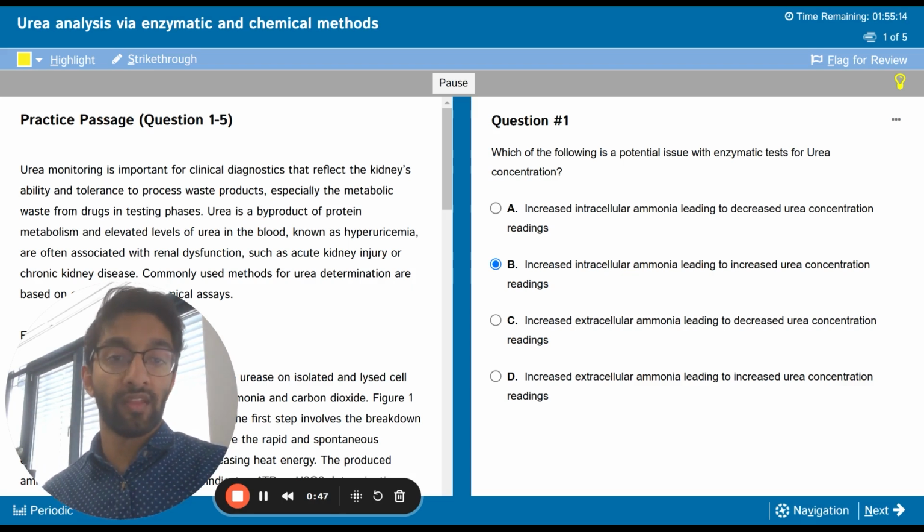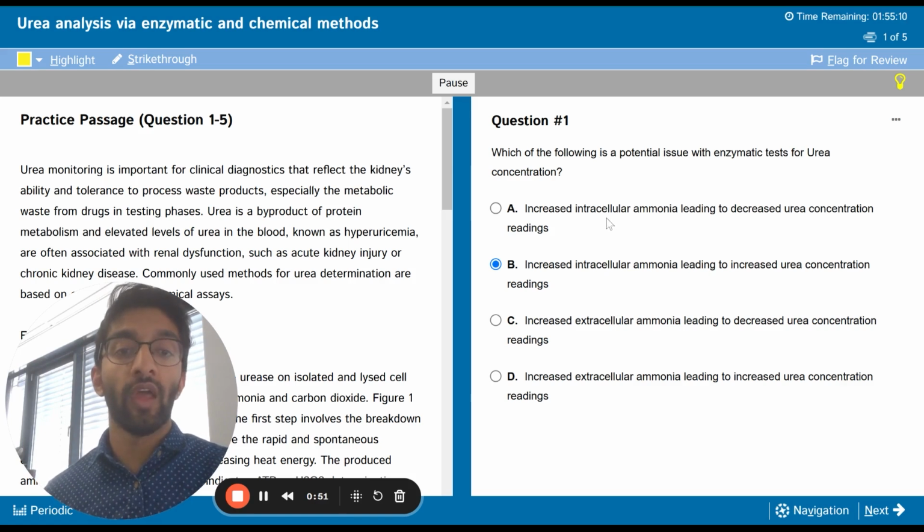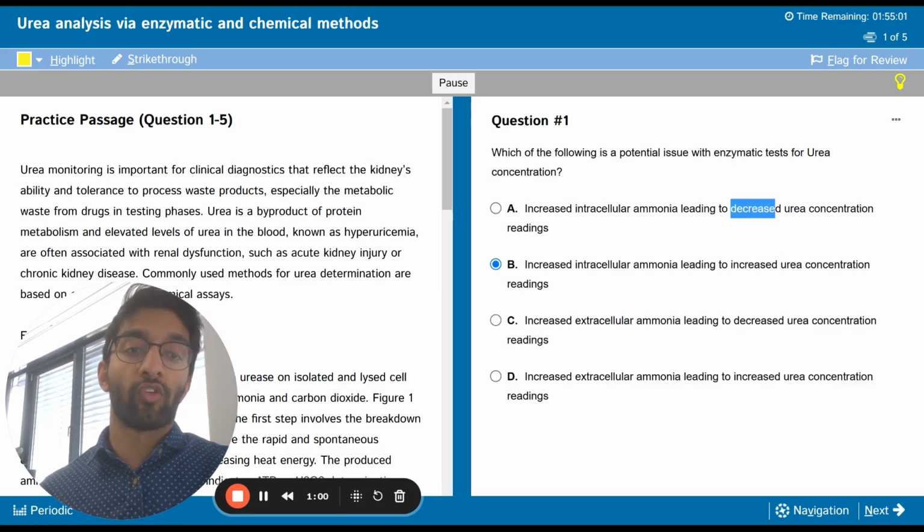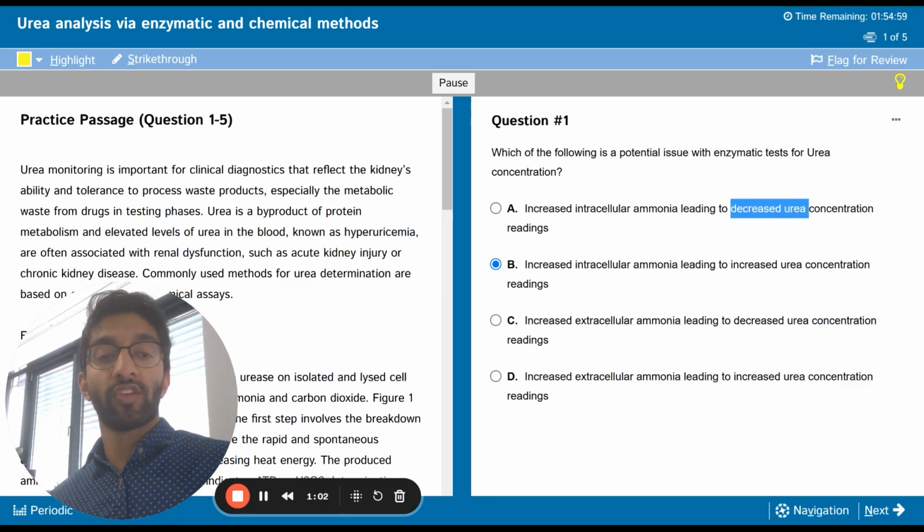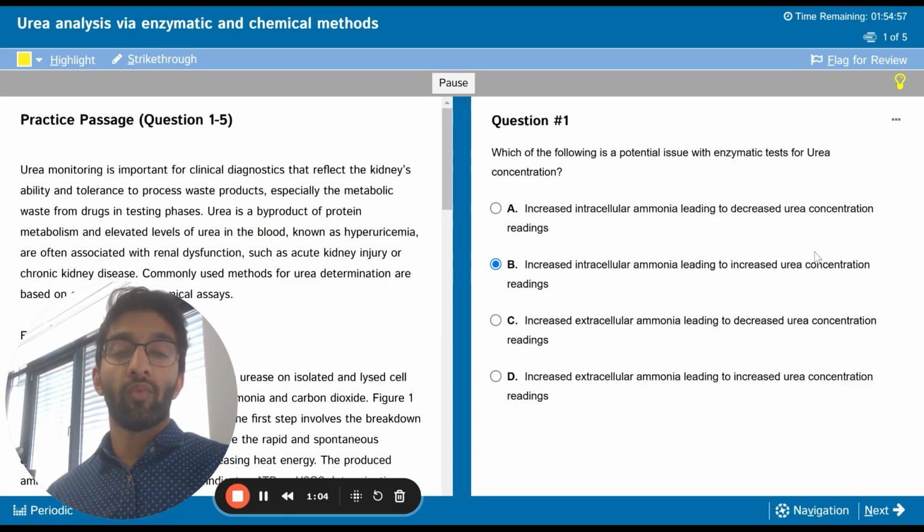So we see that in this question, the answer choices are basically asking us two things. First of all, is the increased ammonia intracellular or extracellular? And secondly, is that corresponding to a decreased urea concentration or increased urea concentration? And what we really have to think about is, what is the point of these tests, right?